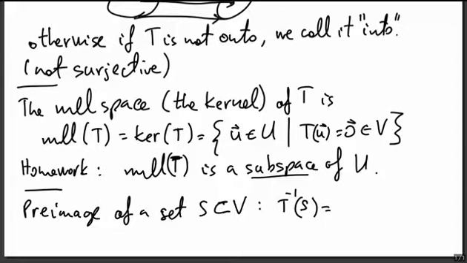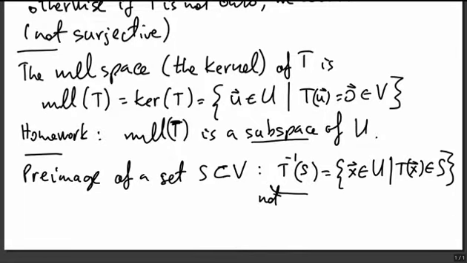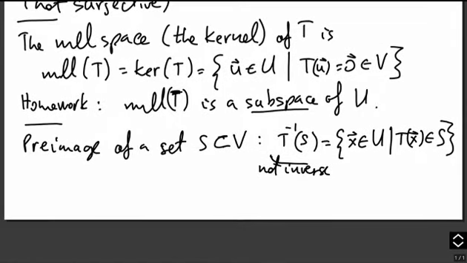So right now let's just agree that this is a formal notation without mentioning inverse. This is the set of vectors in U such that T of x is in S. In fact, the inverse doesn't have to exist. So this is not exactly the inverse, but it's related to that.